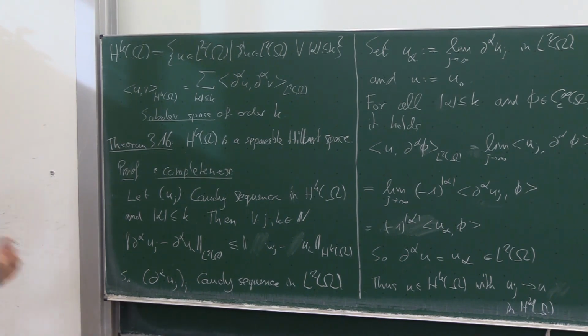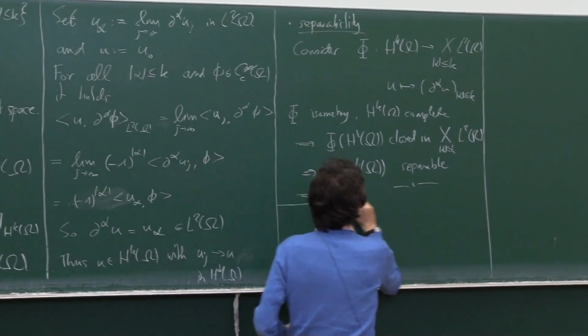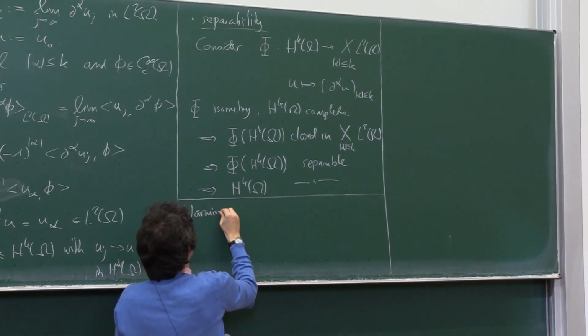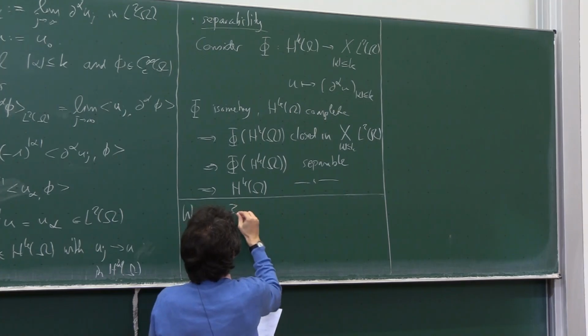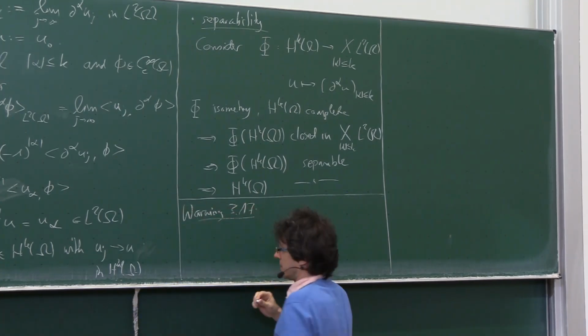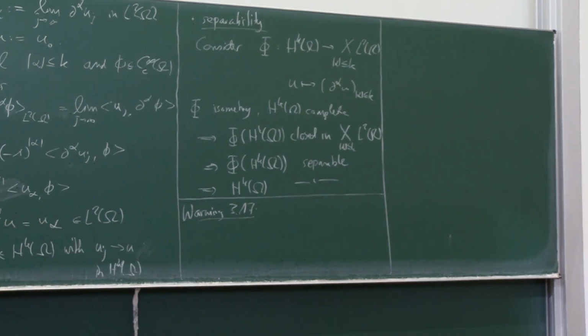But there is one thing that one has to keep in mind, which is sometimes forgotten, and then there are awful useless mistakes. So one warning. We know that every continuously differentiable function is weakly differentiable.